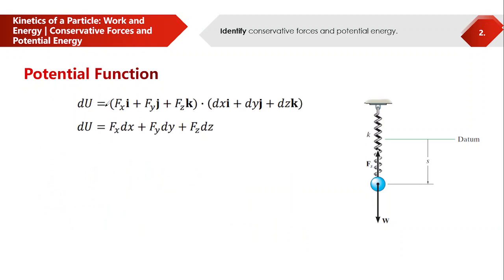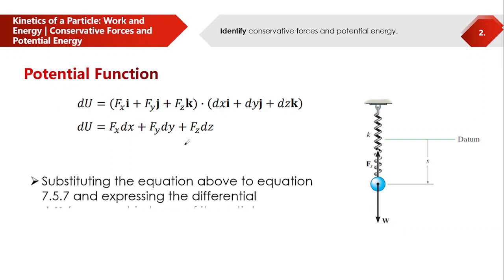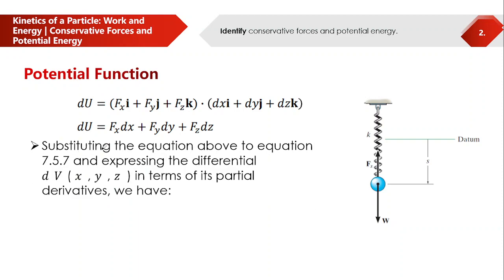So, from this one, multiply na natin mga Fx times i, that would be 0. So, dxy, so that will be Fy dy na lang siya. So, sa matitira na dito, when we dot product these two terms, will be this one, Fx dx plus Fy dy plus Fz dz. Substitute lang natin sa equation natin kanina and expressing the differential dV xyz in terms of partial derivatives.